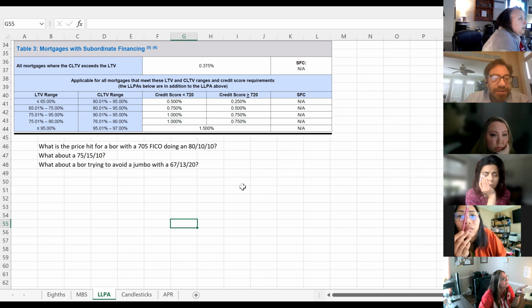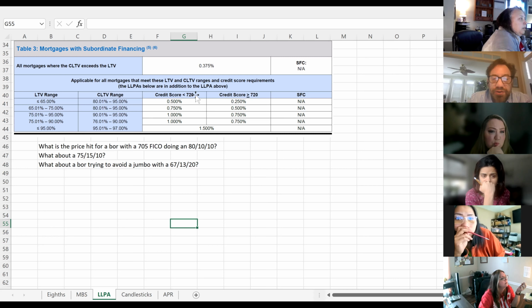I don't know how to express it, it's the second one from the bottom. It says 75.01 to 90, because 80% is in there. Your CLTV is 90, so that's going to be this one right here. Your credit score is 700, so you're going to have to add a point. So your total adjustment on that is going to be 1.375 points more.